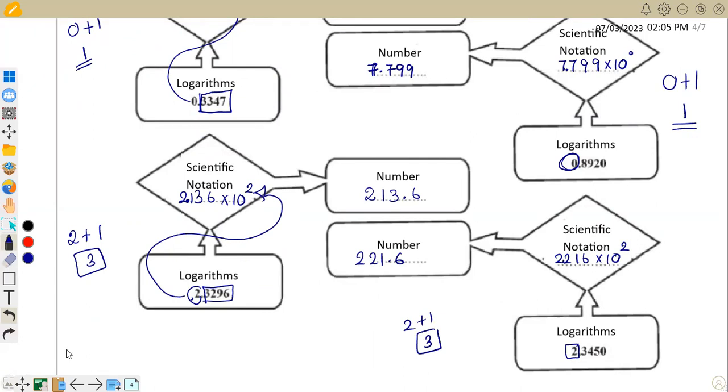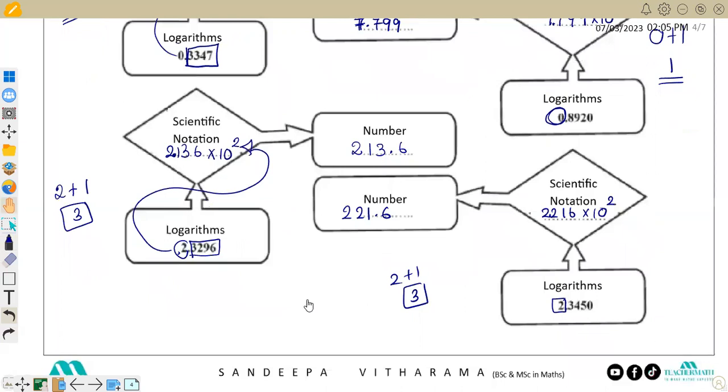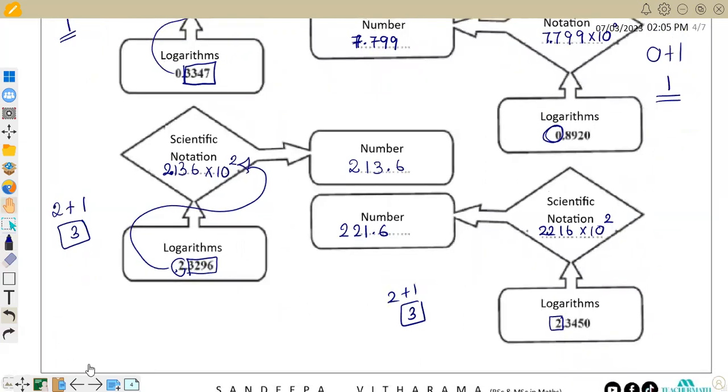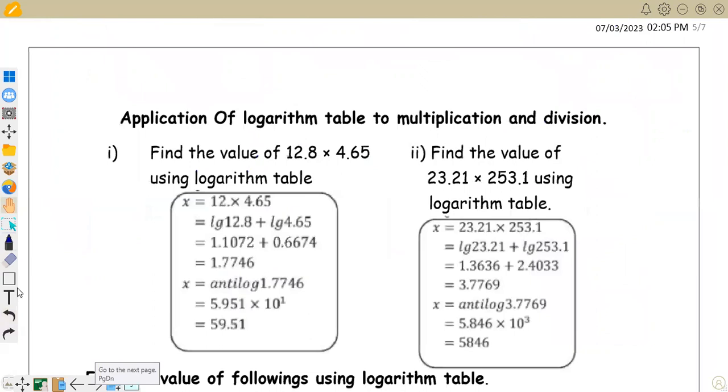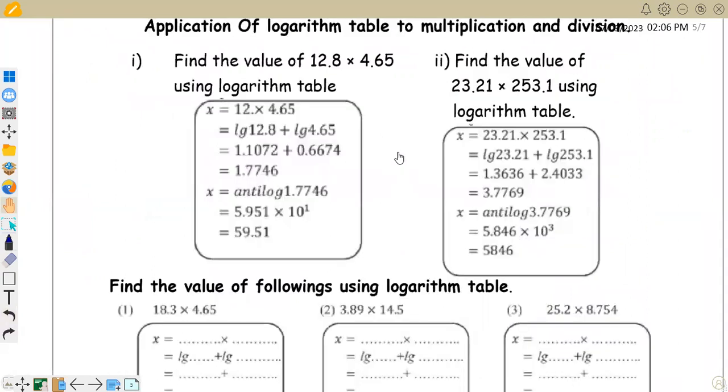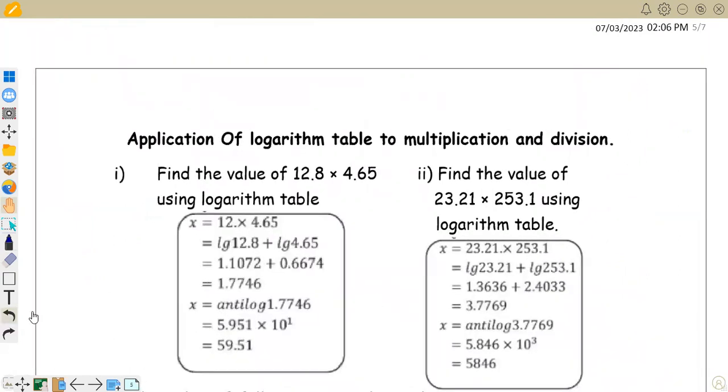Okay. This is the end of reading a number using the logarithm table and identifying the corresponding value to the given logarithm. By using this tool, let's identify how to apply the log rules and find the value. Okay, what are the log rules?